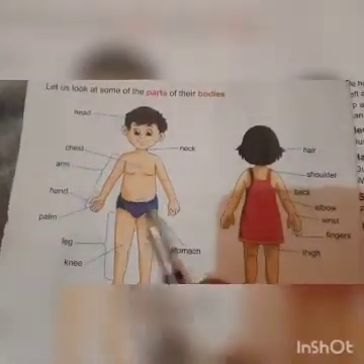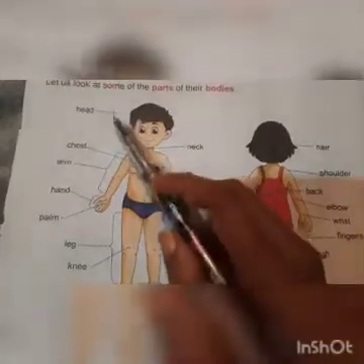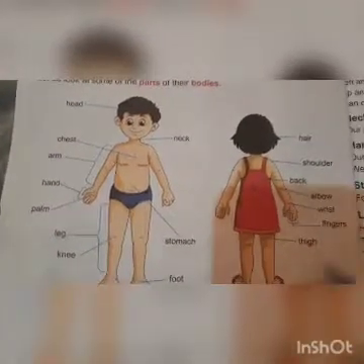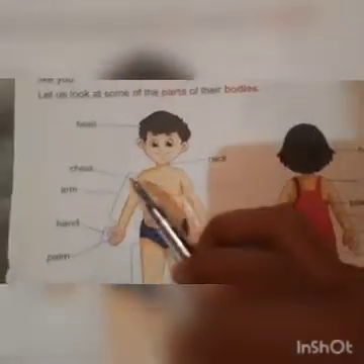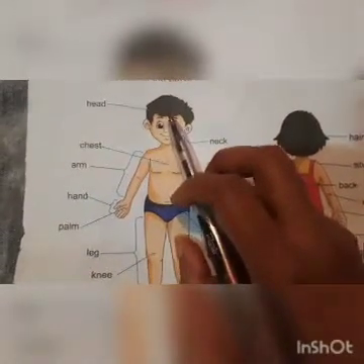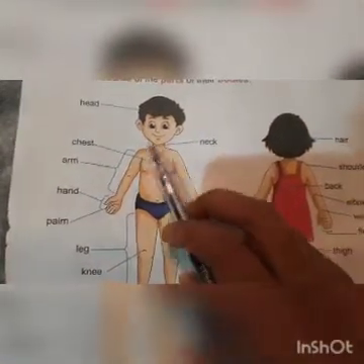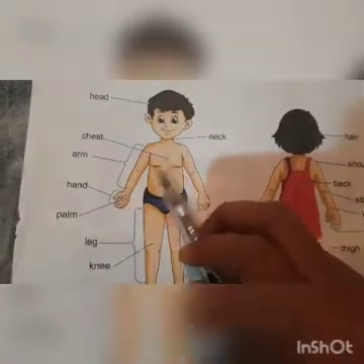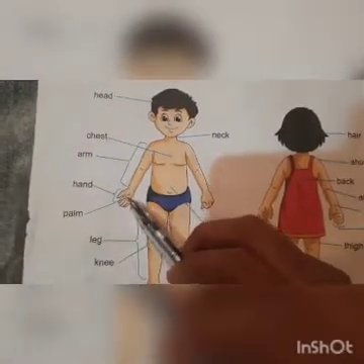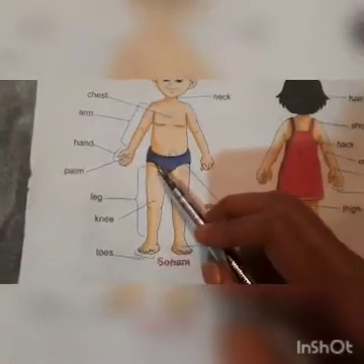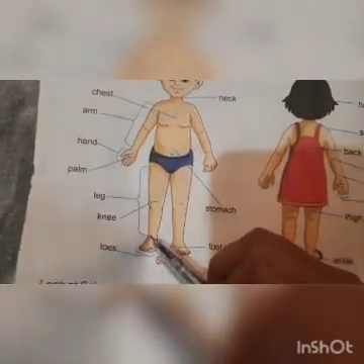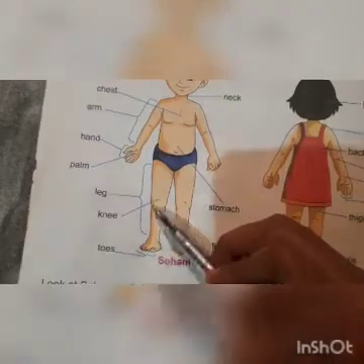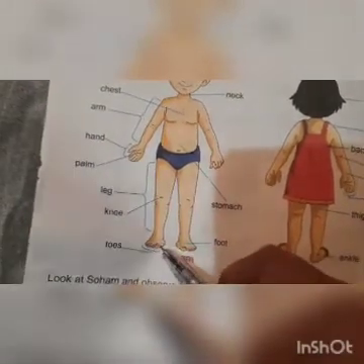So after seeing this, we can now recognize different body parts. We will read it again. This is head. This is neck. This is arm. This is chest. This is hand. This is palm. This is leg. This is knee. These are toes.